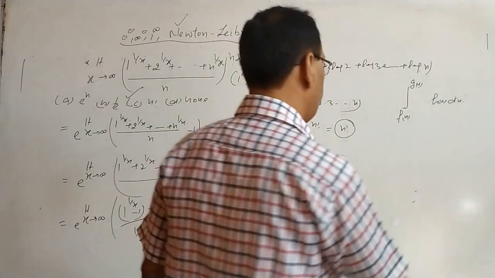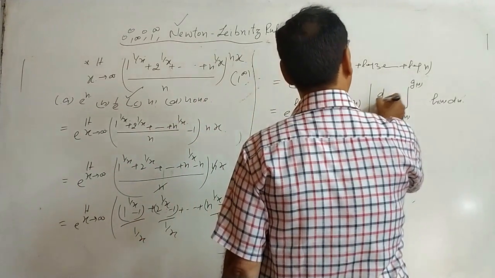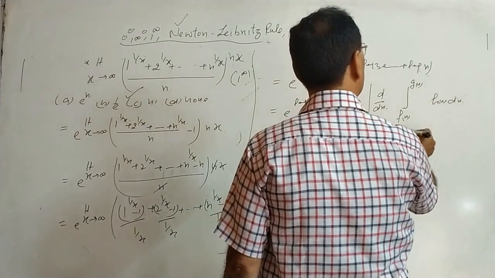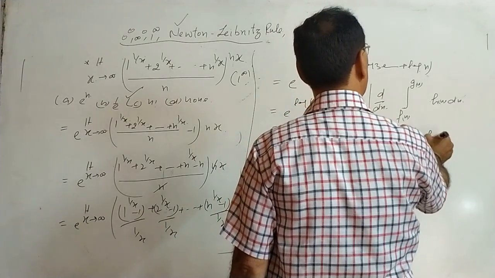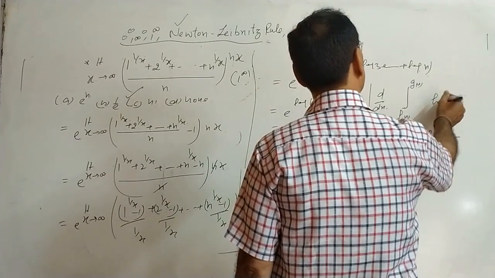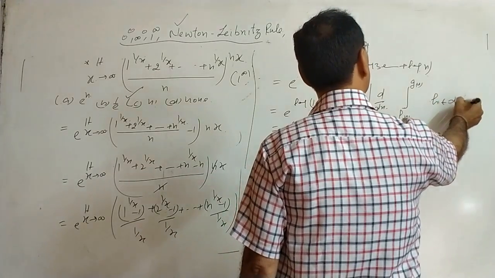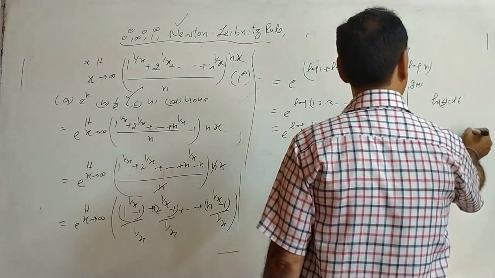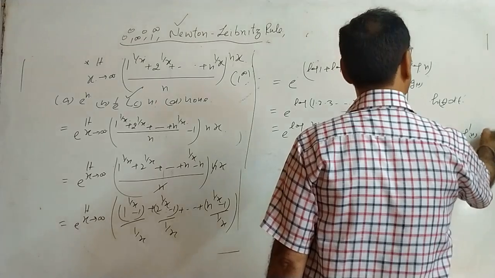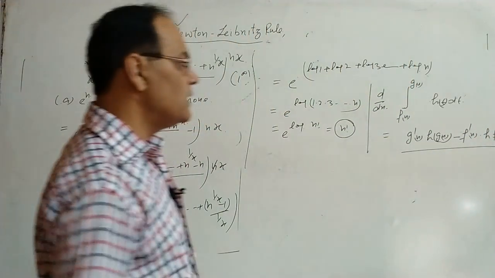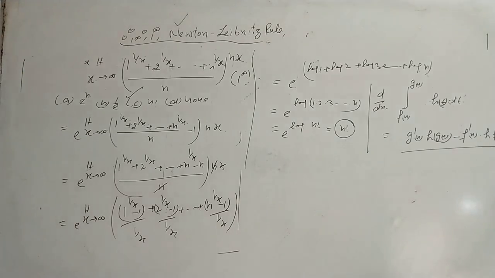Then if we take the differentiation of this, it must be given as g dash x h of gx minus h of t. Let me take other than this. Here let me take it is t. Then you can say it is this much minus f dash x into h of f of x. This result is given by your Newton-Leibniz rule.